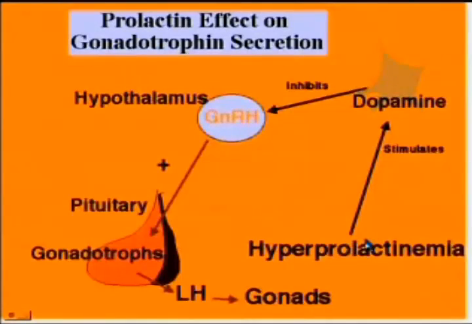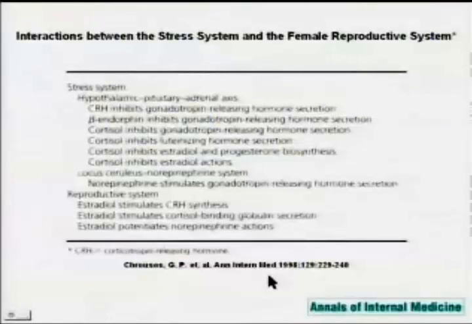But here we're talking about interactions, so the dopamine secretion that would be increased by the high prolactin would affect the GnRH release, inhibiting it, decreasing the gas pedal drive of GnRH on the pituitary gonadotropes, thereby decreasing LH and producing a hypofunctional gonadal situation. So that's one example of interaction, one of many.